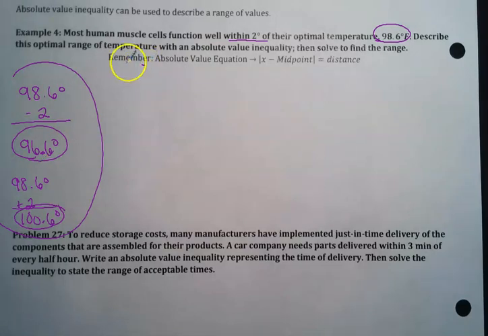I want you to know, remember, I don't know that you've ever been shown this, an absolute value equation. Actually, you have, because when we did equations. So remember, the absolute value equation is the absolute value of x minus the midpoint equals the distance. This is not in your textbook.